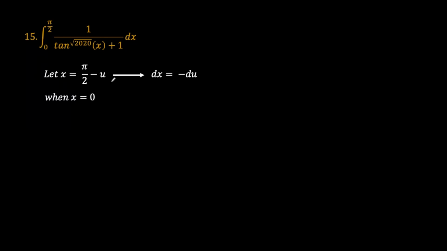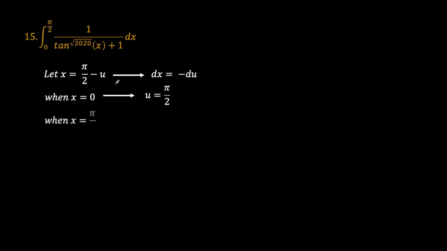Anyway, going to problem 15, which was the integral from x equals 0 to pi over 2 of 1 over (tangent of x to the power square root of 2020, plus 1). We can begin first of all by saying let x equals pi over 2 minus u, and so dx equals negative du. When x equals 0, that means that u equals pi over 2.